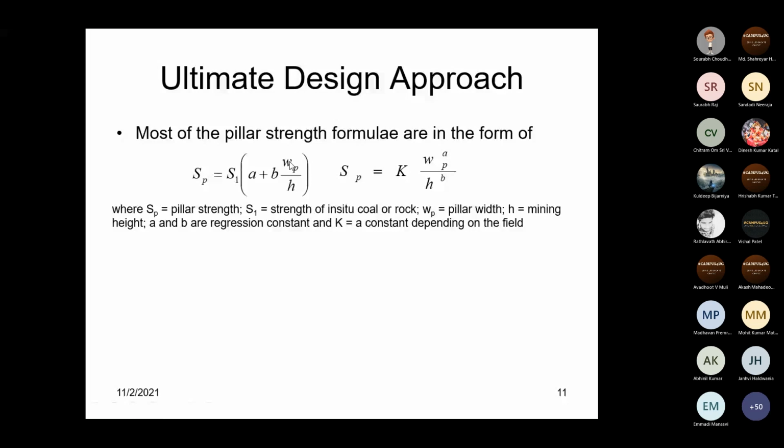If you compare these two equations, in the first equation one of the parameters is not the width of the pillar alone, but W, the width of the pillar, divided by H, the height of the pillar.